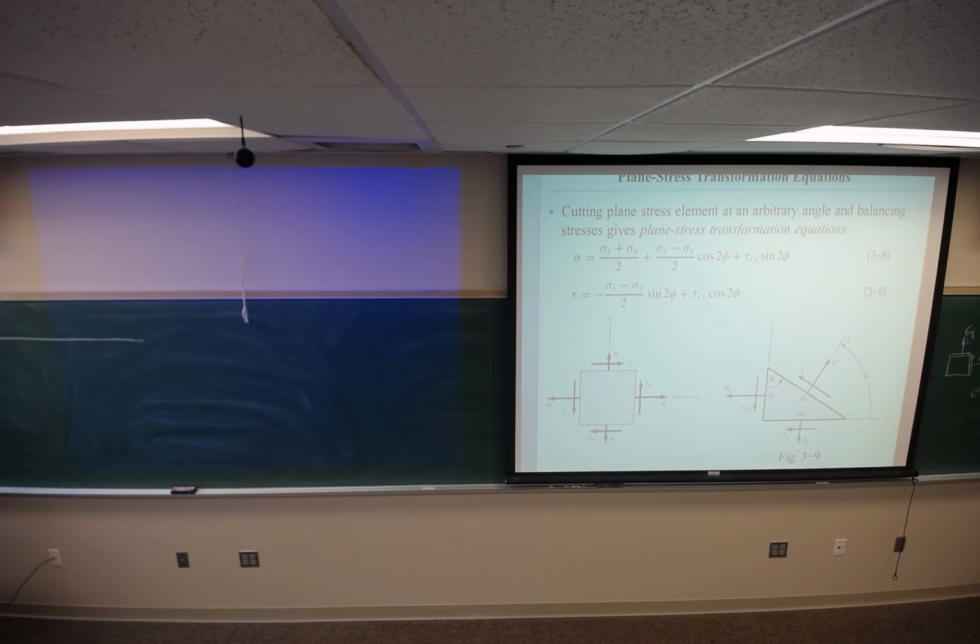I will start with principal normal stresses. What would be the phi? The tangent of two phi p, for principal normal stresses, is going to be 2 tau xy divided by sigma x minus sigma y.